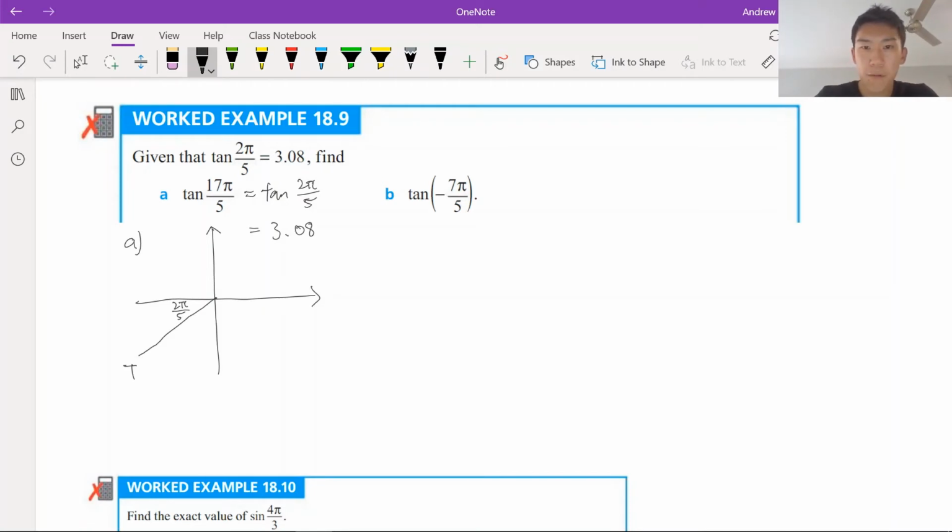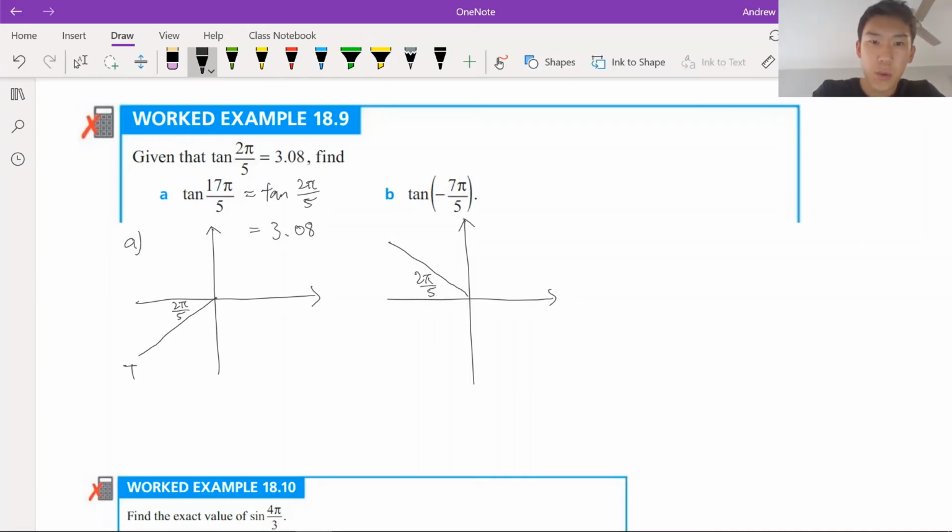Now, negative tan of negative 7 pi on 5. Negative 5 pi on 5 would be here, and negative 7 pi on 5 would be here, somewhere in the second quadrant, so the angle here would be 2 pi on 5.